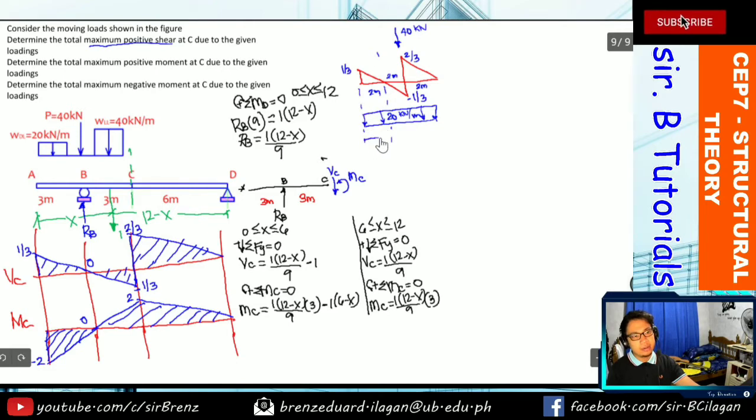So, dito meron kang uniform load na live load all throughout this portion, this span na 2 meter, which has a value of 40 kilonewton per meter. And also for this side, okay?